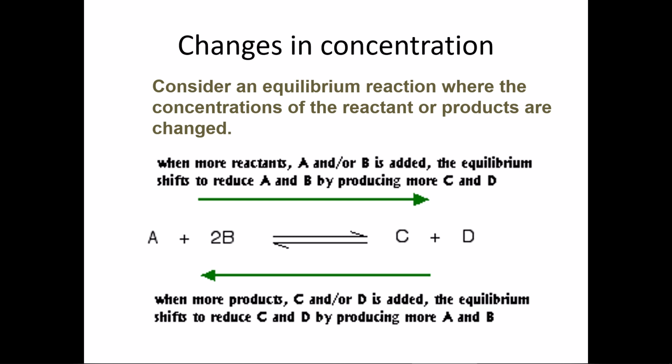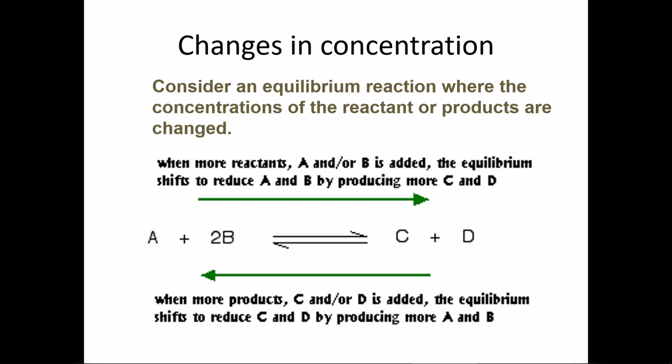So let's say that we add reactant A to the reaction. Adding more reactant will cause a Q value to be greater than the K value. And that will cause the reaction to shift.